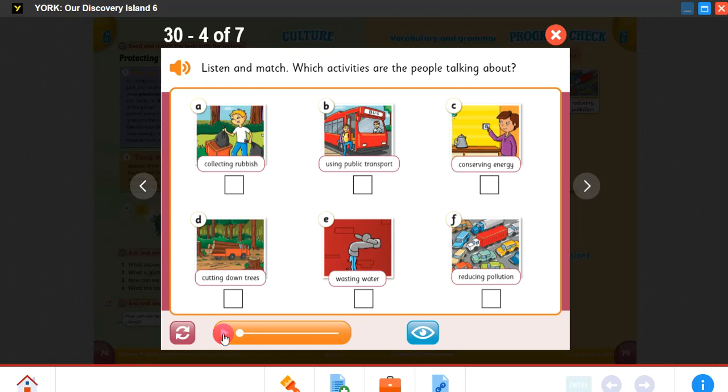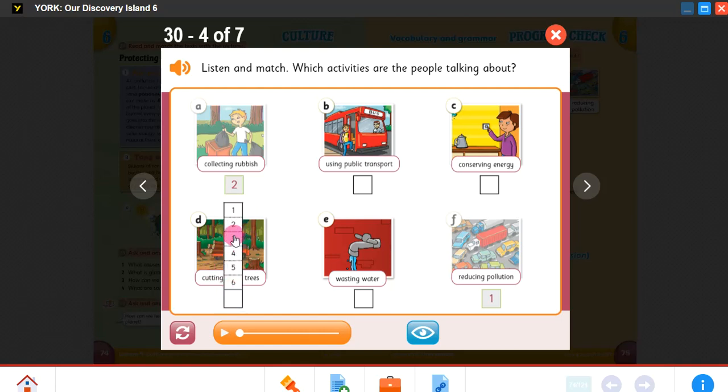Okay, so number 1 is to reduce pollution. Number 2, to collect rubbish. It says let's all collect the plastic bottles and reuse our plastic bags. 3 was about cutting down trees.